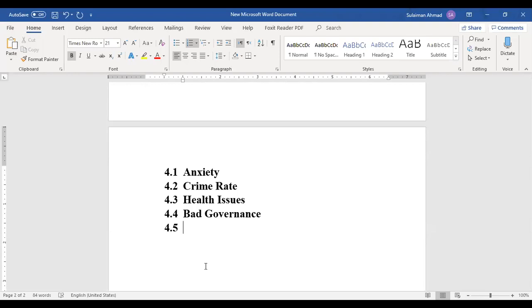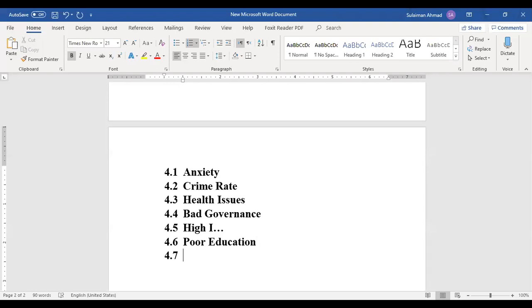You want to say low literacy rate or high illiteracy rate? Okay, high illiteracy rate, not literacy. Poor education. When people are not employed, there will be no schools, there will be no education institutes, and people will not be well educated.